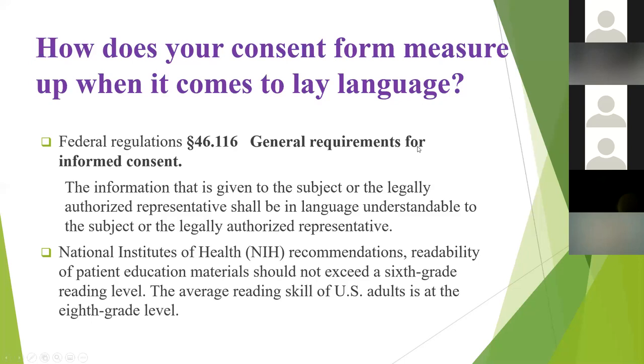The average reading skill of the U.S. is about 8th grade level. And here at UT, we put the guideline on our consent forms that it has to be at an 8th grade or lower reading level. I encourage you to use the ability in your Word document to assess your reading level.